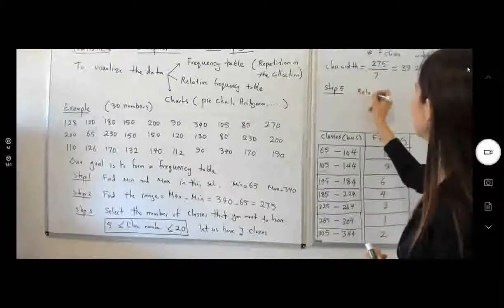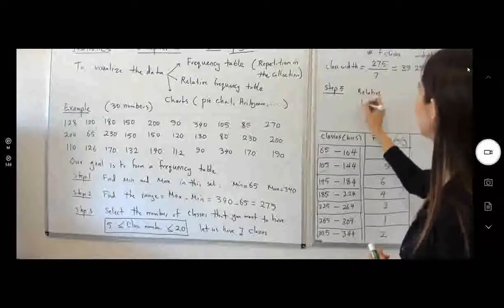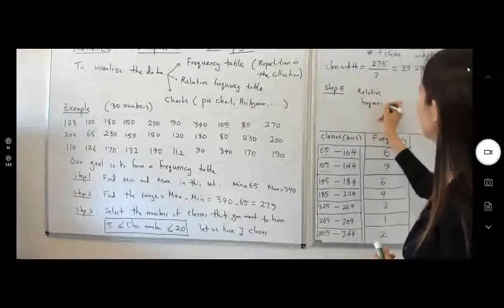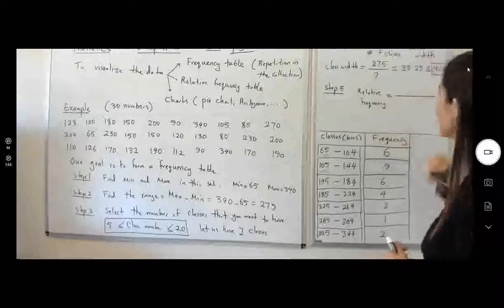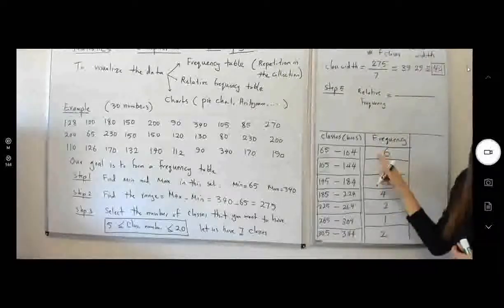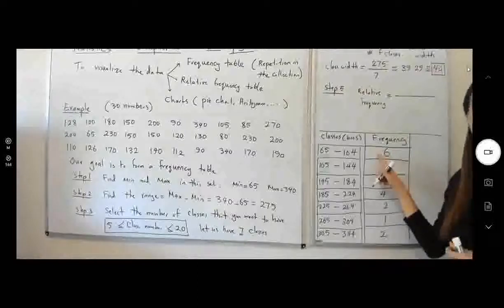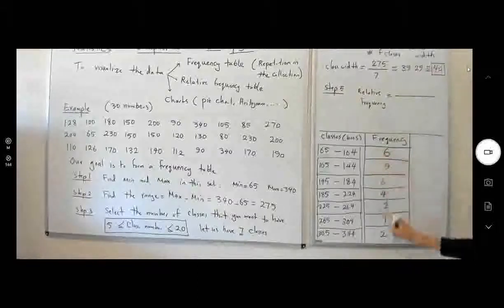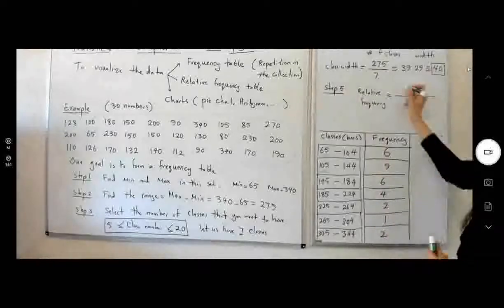The relative frequency for each class is the frequency of that class divided by the sum of all frequencies.